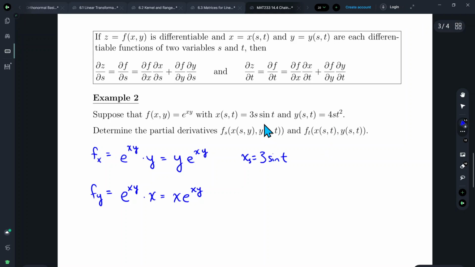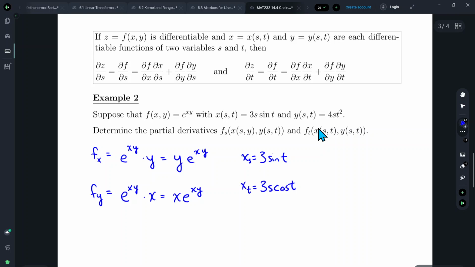Because we're just thinking of the function as some constant times s. And then similarly, when we differentiate with respect to t, the 3s is just a constant coefficient, and the derivative of sine is cosine.